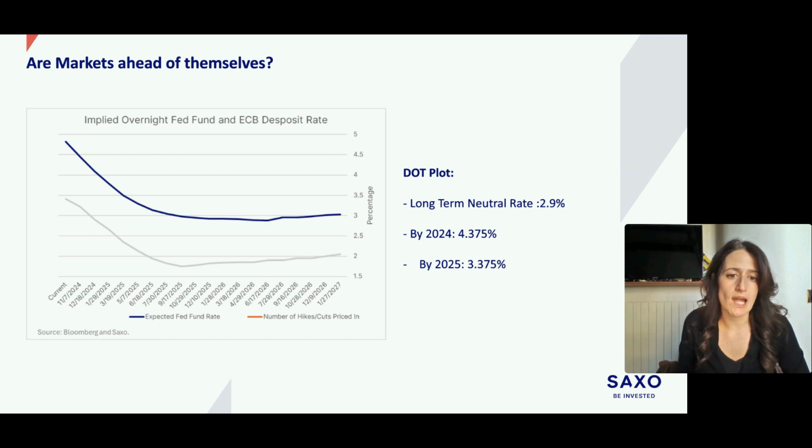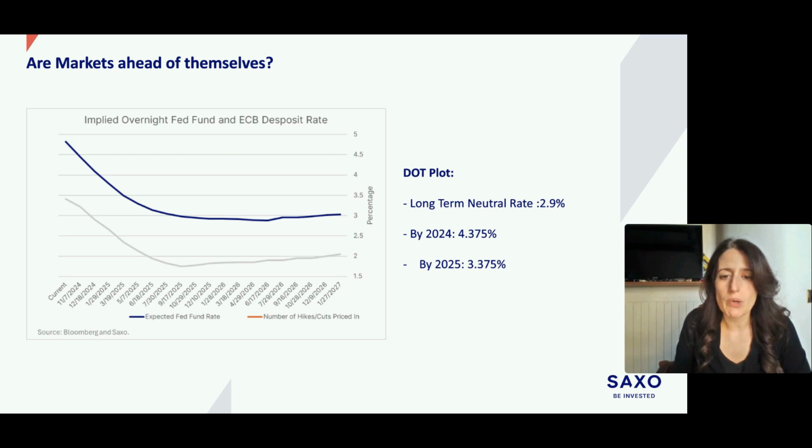What you can see is that the markets right now are basically expecting the Fed fund rate to drop from 5% to 3% already by the end of 2025, and the ECB deposit rate to drop from 3.5% to basically below 2% in mid 2025.